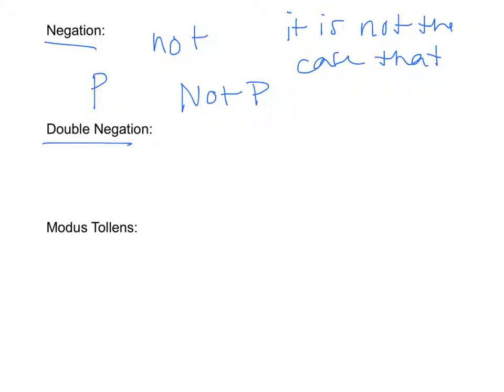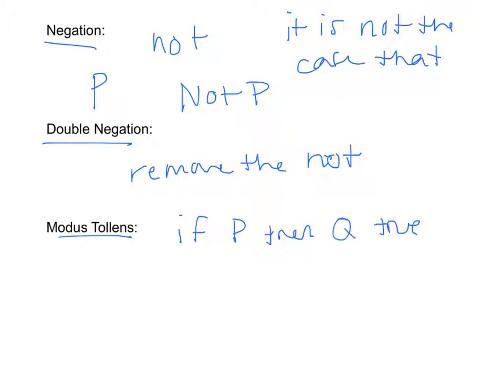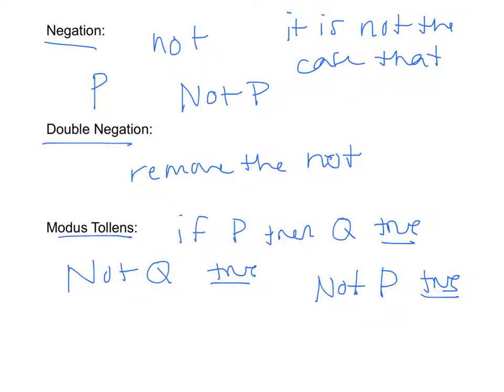So essentially, you just remove the not. And so according to this term, if you accept if P then Q as true, and you accept not Q as true, then you must logically accept not P as true.